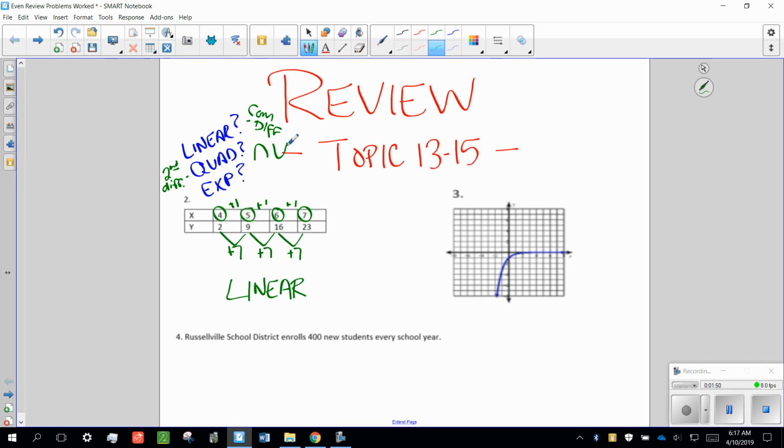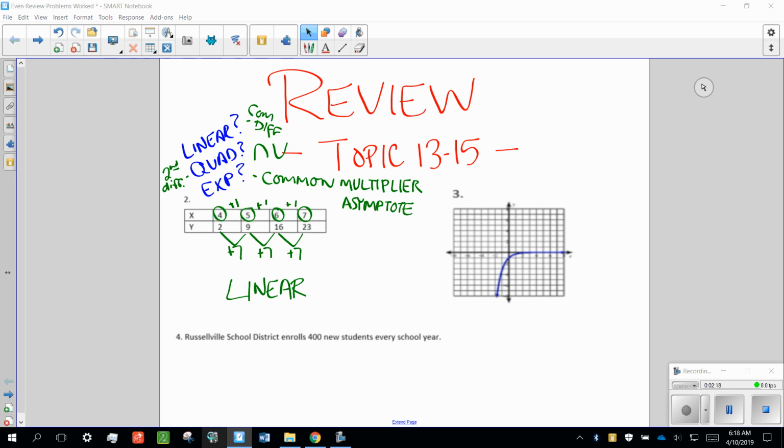Now an exponential function, as we've discussed, has a common multiplier, some number that is being multiplied by every single time. And another really helpful thing to know is that they have an asymptote, which is a number that a function approaches but never quite reaches.